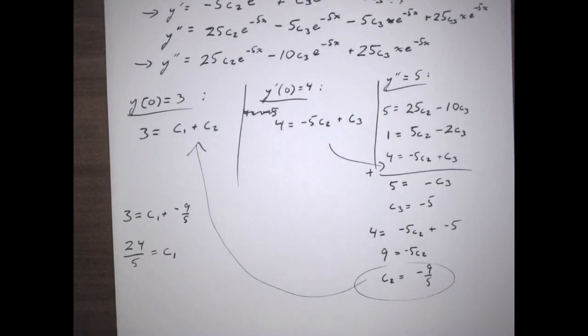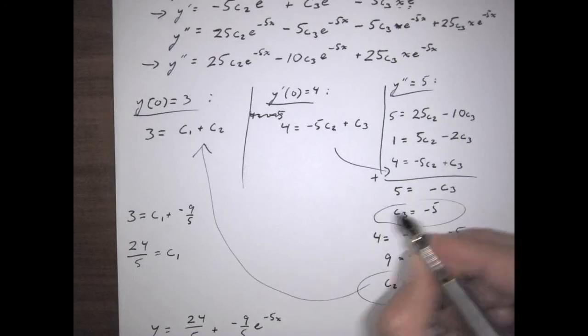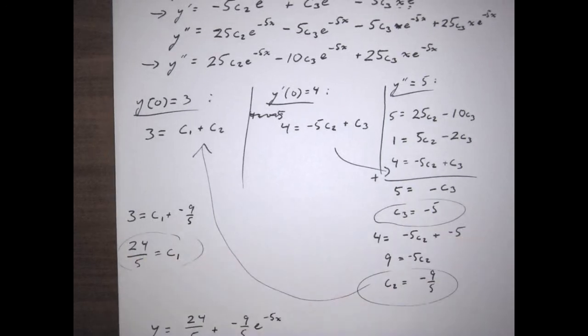And so then I put the three pieces together and I have y equals 24/5 plus c2, which is negative 9/5 times e to the negative 5x, and then plus c3, which is going to be minus 5x e to the negative 5x.